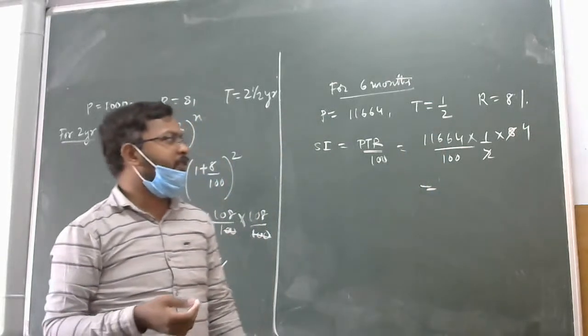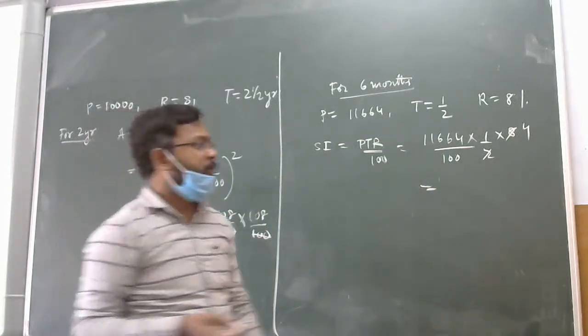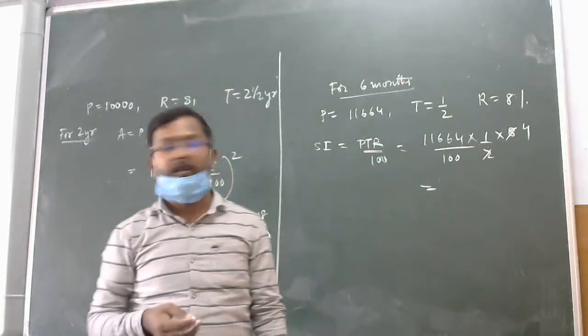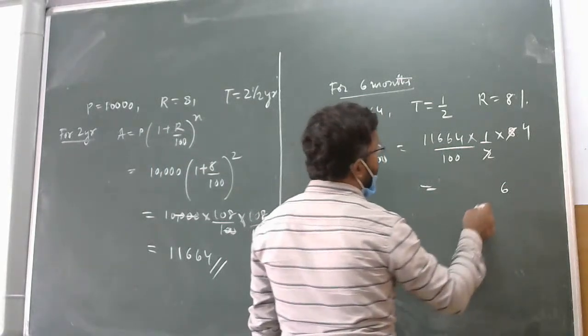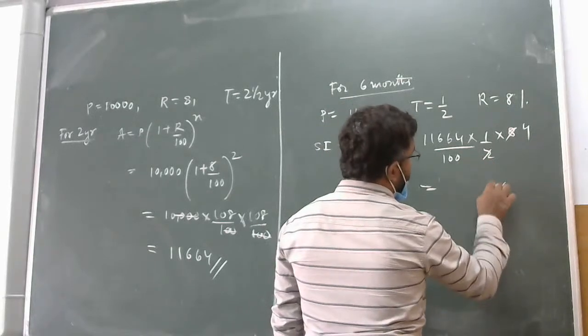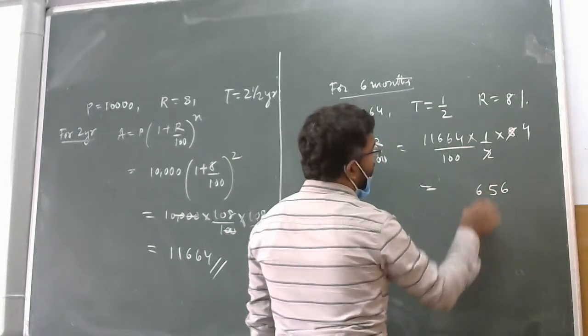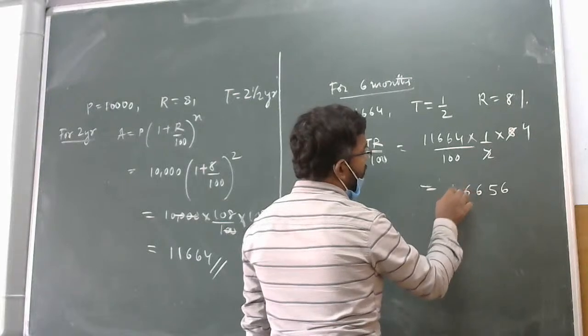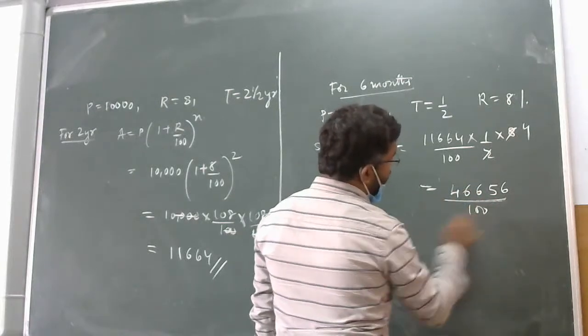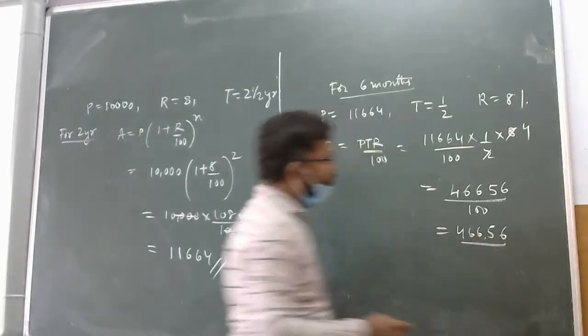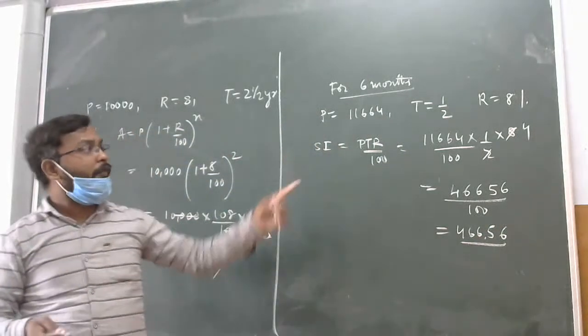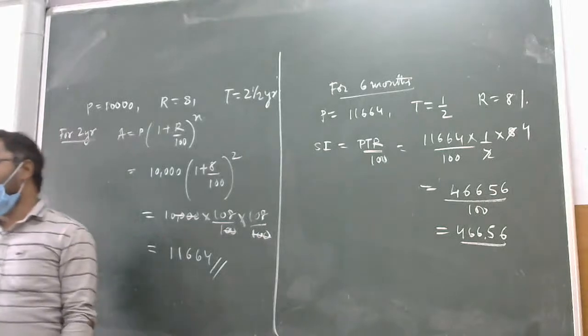Directly you multiply 116 into 4, and 4 into 25 we can do. 466.56, yes. So this is the simple interest for another 6 months.